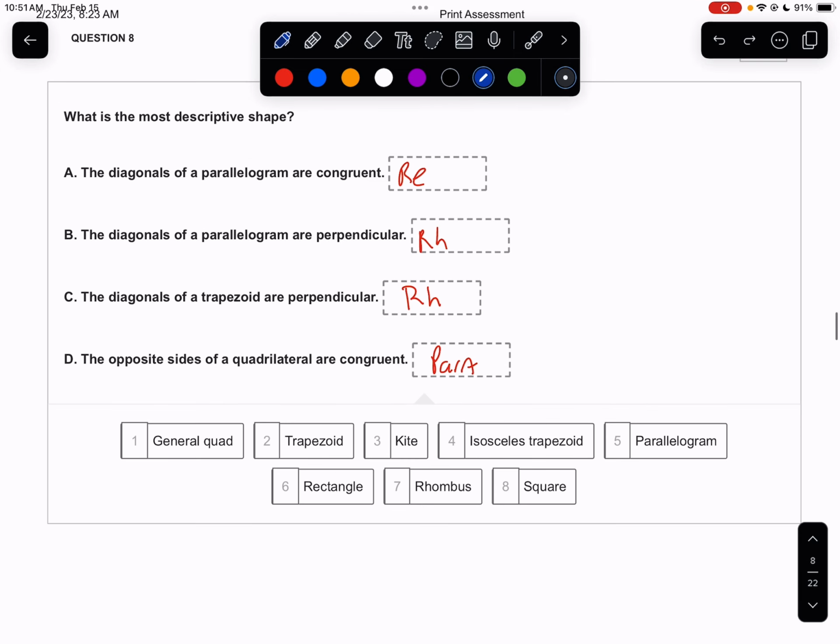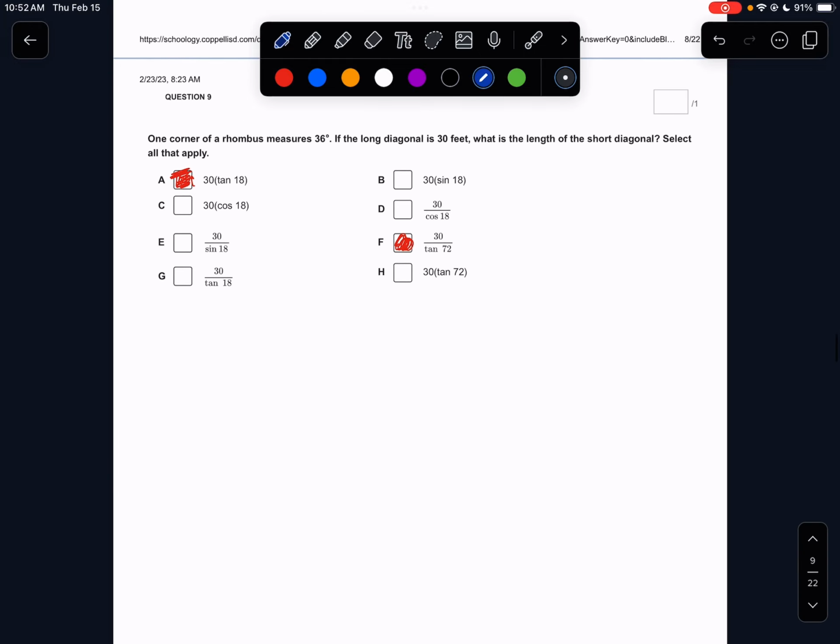So that's rhombus again. And the opposite sides of a quad, that's the whole tree, are congruent. Well, when are opposite sides congruent? That's one of parallelogram's core properties. All right, we got a rhombus. How do we draw a rhombus? We start with an isosceles triangle, and then we reflect it. It's the same isosceles triangle. Obviously, I'm not doing it perfectly, but it just needs to be close.